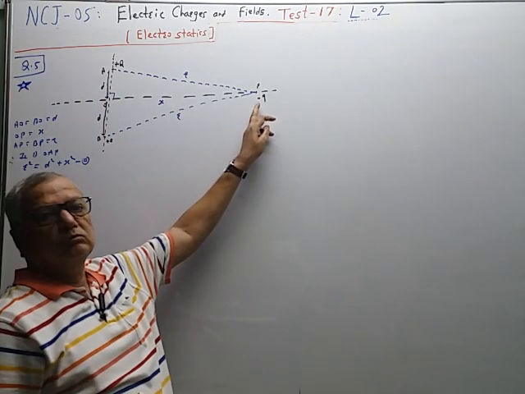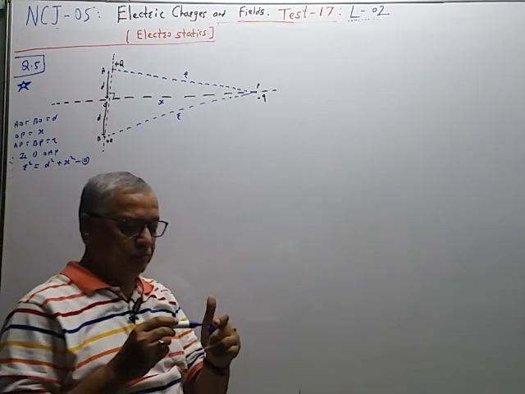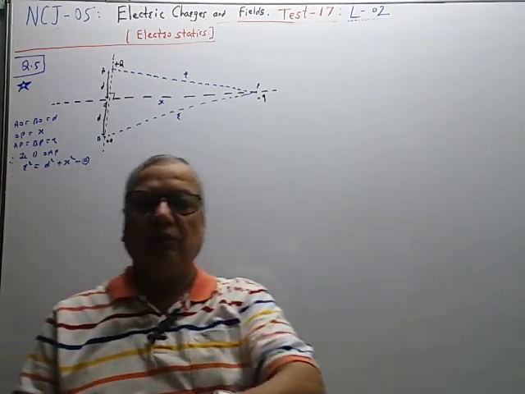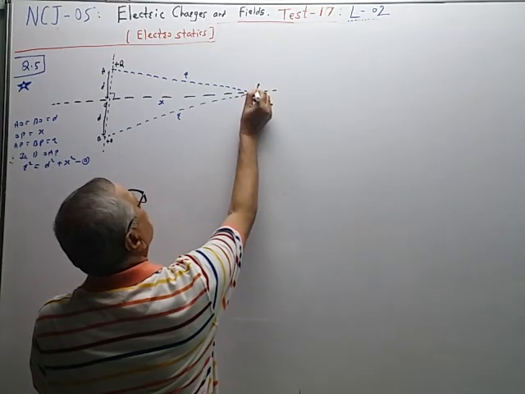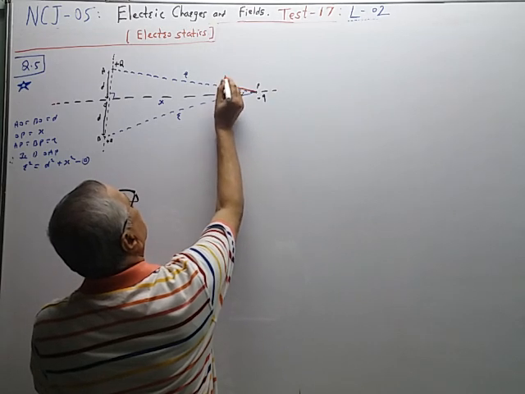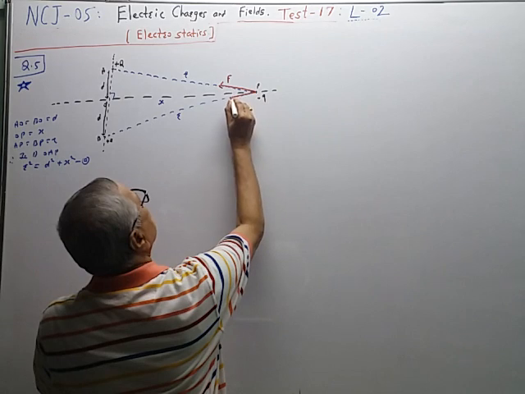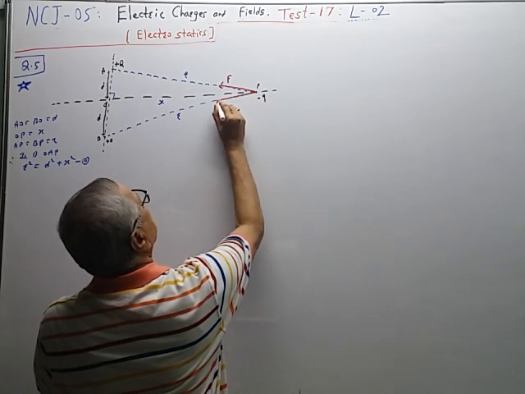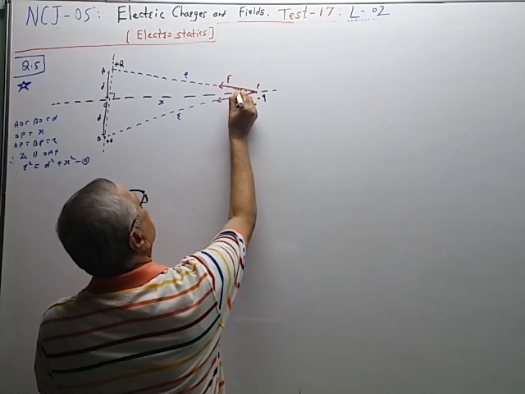Now this is negative charge, this is positive charge, so there is a force of attraction between them. So we will denote that force as F. Same force is here because distance is also same, charges are also same. This angle is theta.